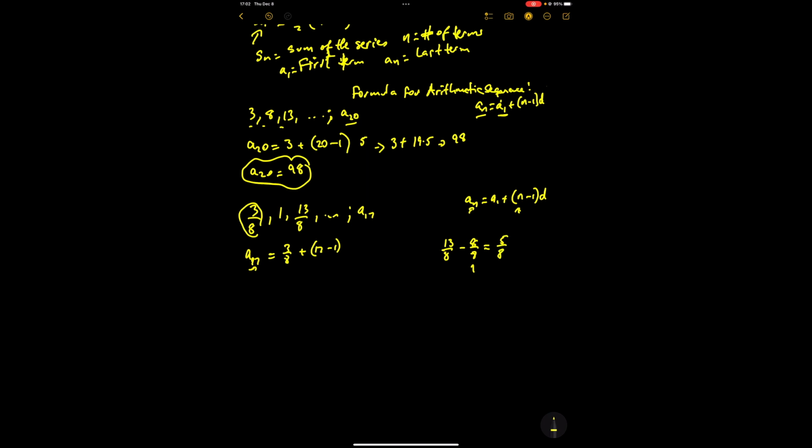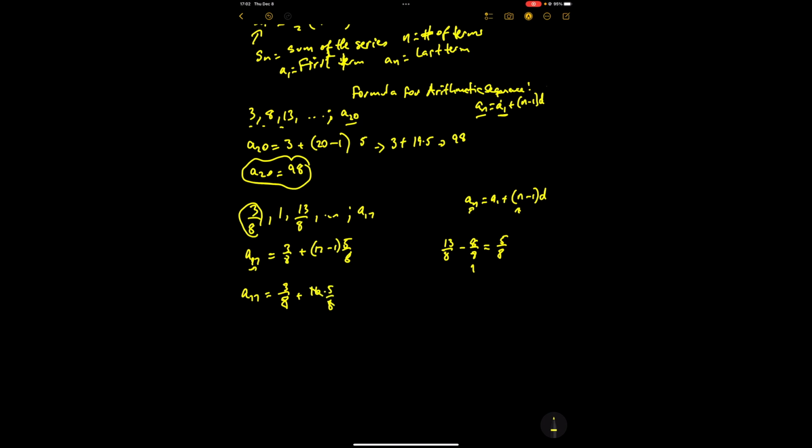So a sub 17 is equal to the first term plus 16 times 5/8.